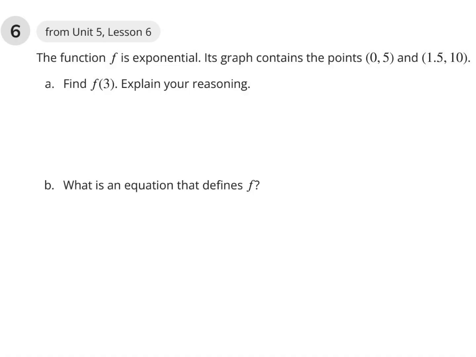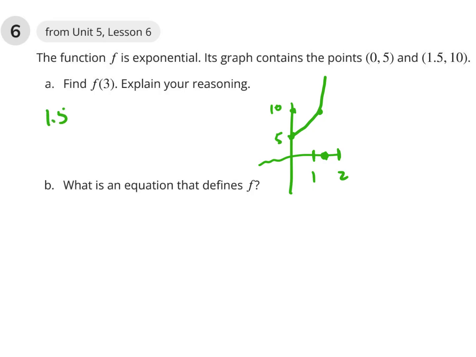Okay, the function is exponential. Its graph contains the point (0, 5). At 0, we're at 5. At 1.5, we're at 10. Oh, wait. I'm sorry, I put that dot in the wrong spot. We're going like this. So this is doubling every 1.5.